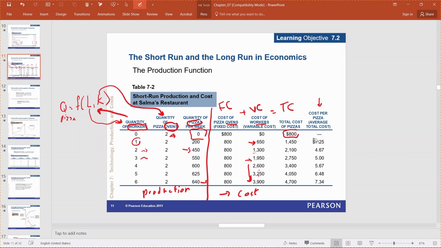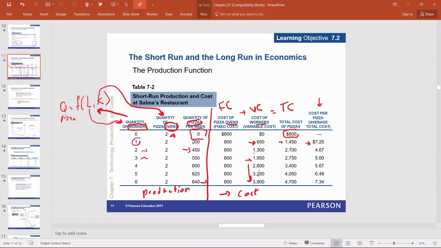So 800 over 0 is undefined. So you start with the second level, which is a positive number. So this total cost, 1,450 over 200, yields this average cost. And if you do it for each additional level of production, you divide total cost over total output, it gives you these numbers.